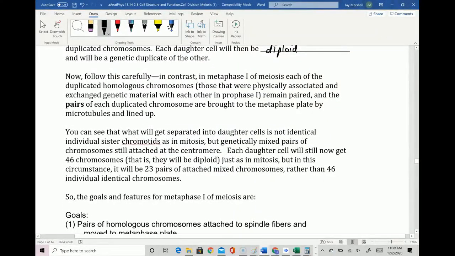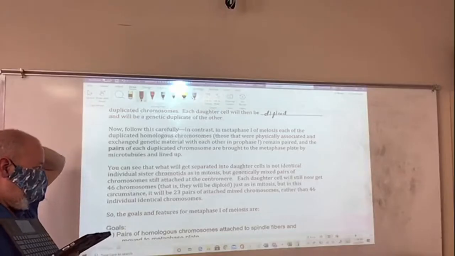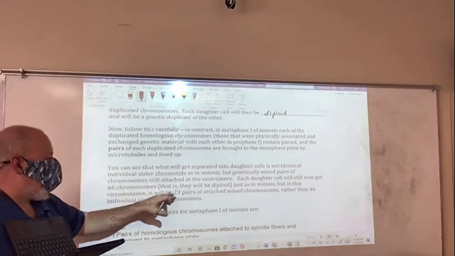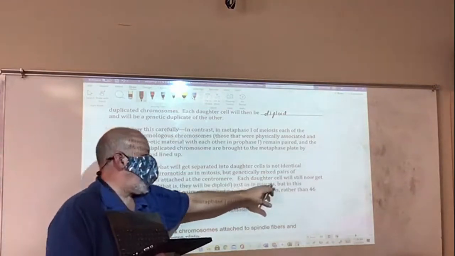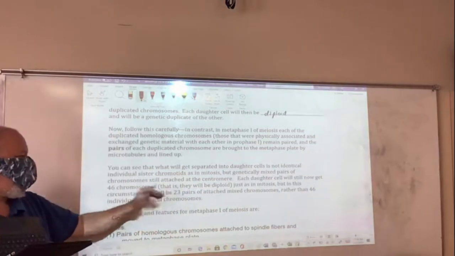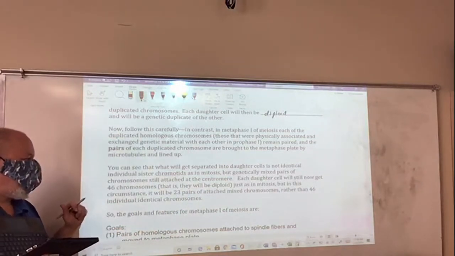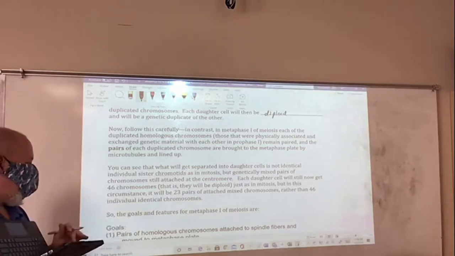In contrast, in metaphase 1 of meiosis, each of the duplicated homologous chromosomes remain paired, and the pairs are brought to the metaphase plate and lined up. And you can see that what will get separated into daughter cells is not identical individual sister chromatids, but genetically mixed pairs still attached at the centromere. Each daughter cell will now get 46 chromosomes. They will be diploid, just as in mitosis, but in this case, it will be 23 pairs of attached mixed chromosomes rather than 46 identical chromosomes.